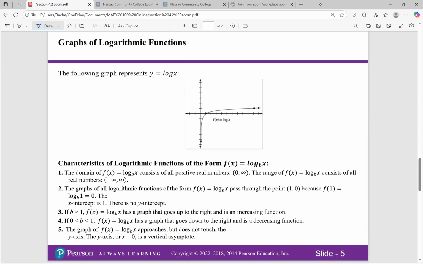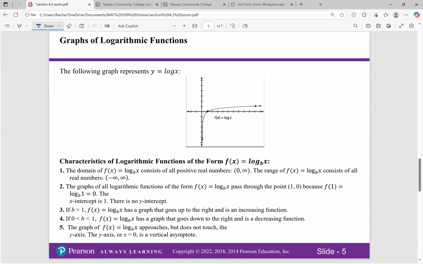So let's look at the graph of log x. If we were to graph log x in our graphing calculators, we're going to get a graph like this. So notice this graph gets closer and closer to the y-axis, but it's never going to touch. And then it's going to increase towards positive infinity.